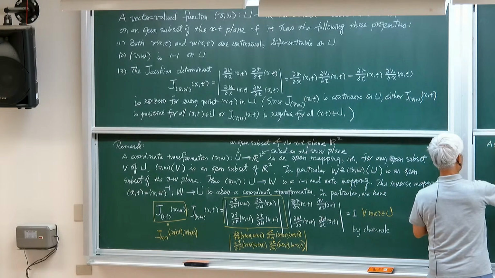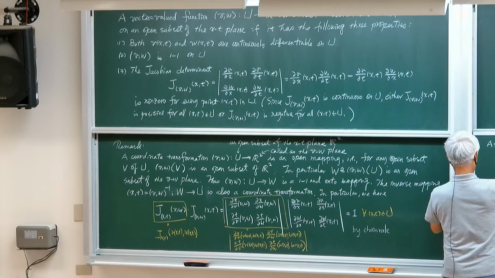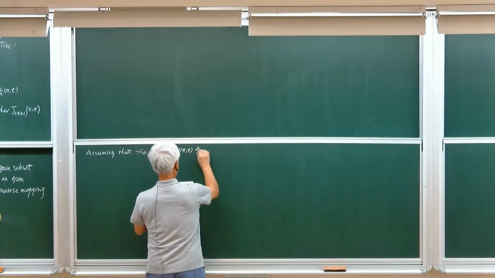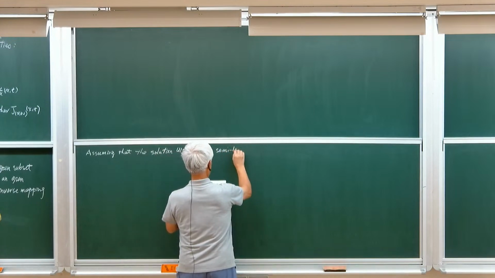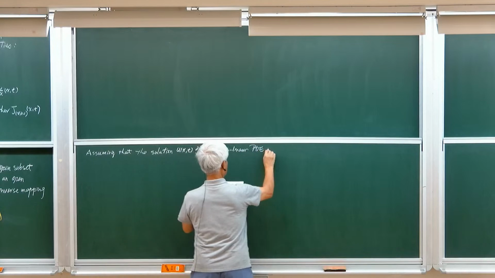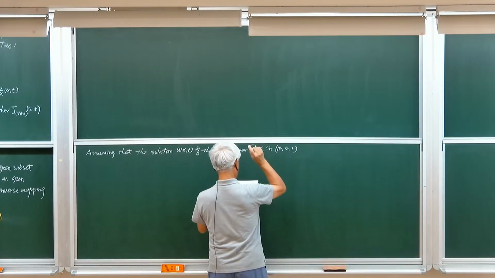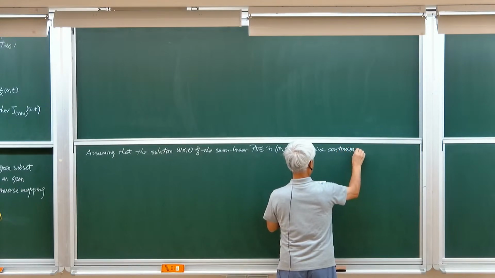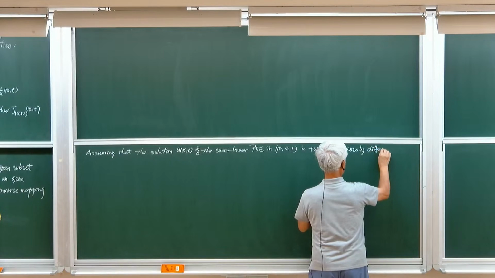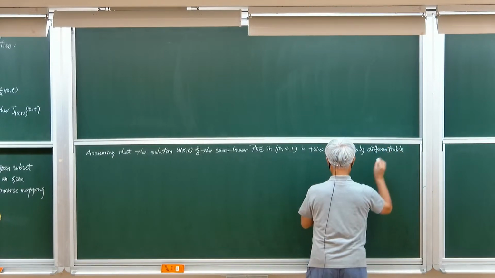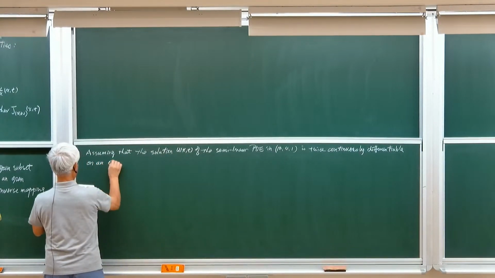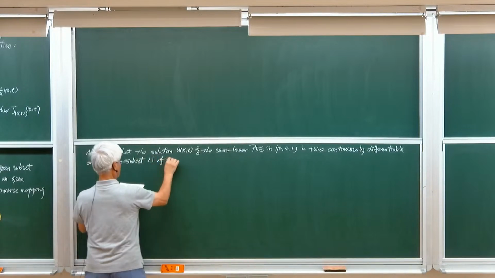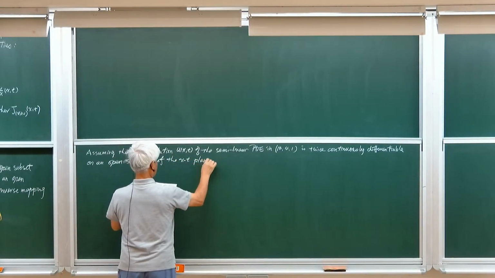So we now make some assumption, assuming that the solution U of xt of the semi-linear PDE in 4.1 is twice continuously differentiable on an open subset U of the xt plane.